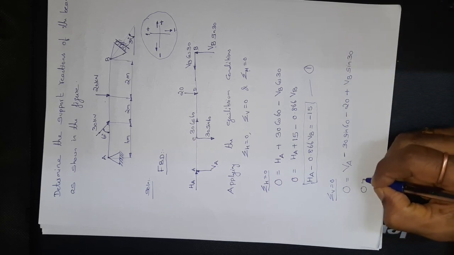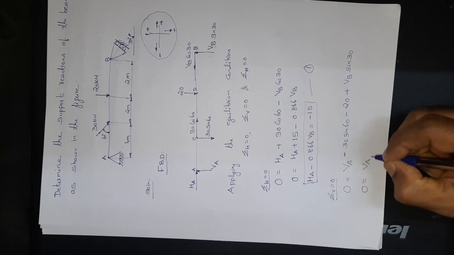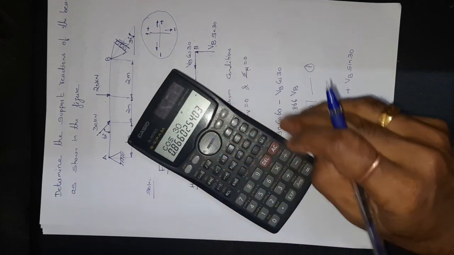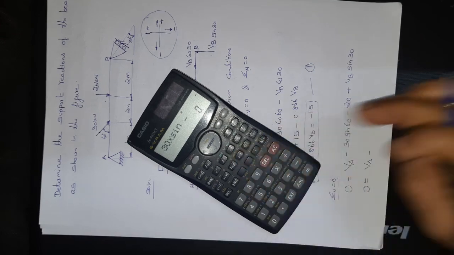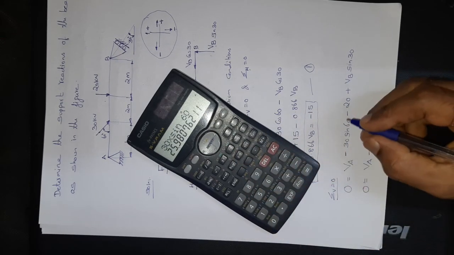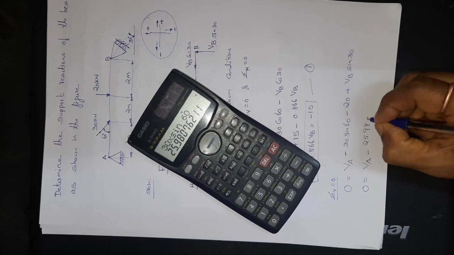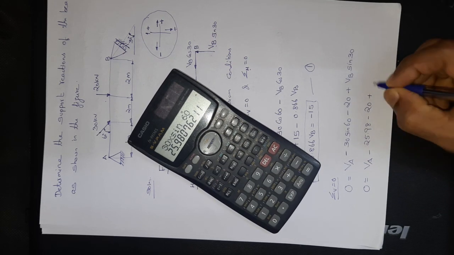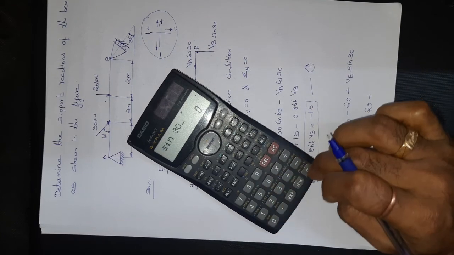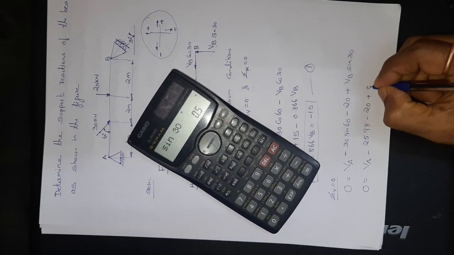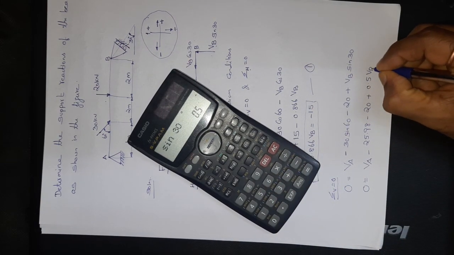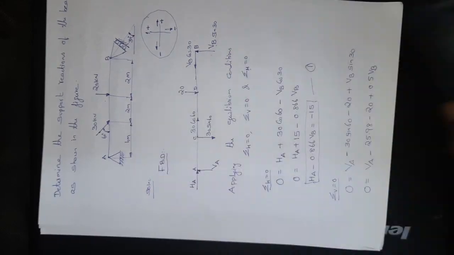So 0 equal to VA minus 30 into sine 60, which is 25.98, minus 20 plus sine 30 is 0.5. So 0.5 VB, isn't it?